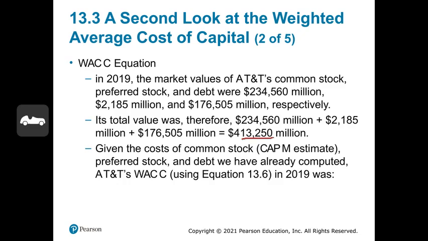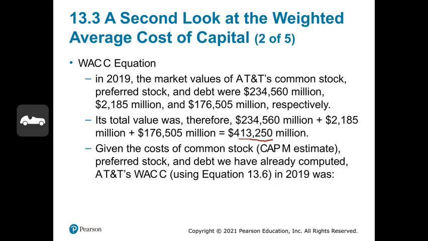And then we're going to take our return on the debt, 3.18%. Remember, we have to take the taxes into consideration, so the 25% tax bracket is included there. And then the 176,505 divided by 413,250.